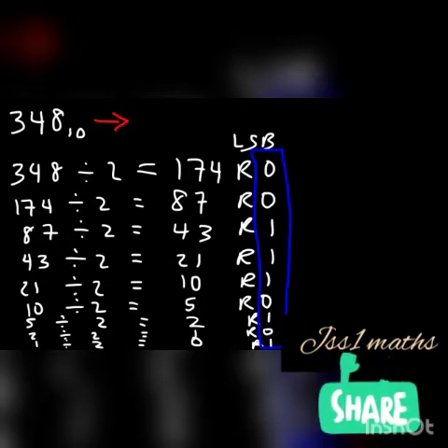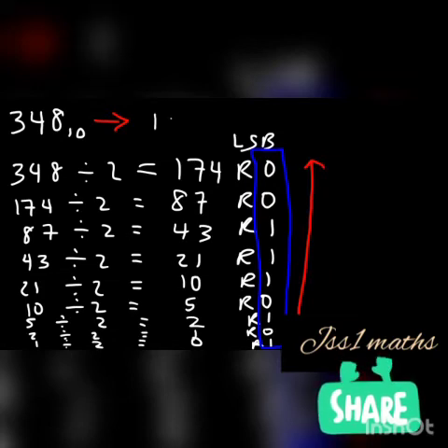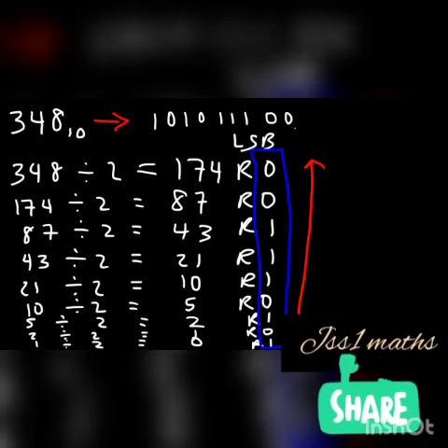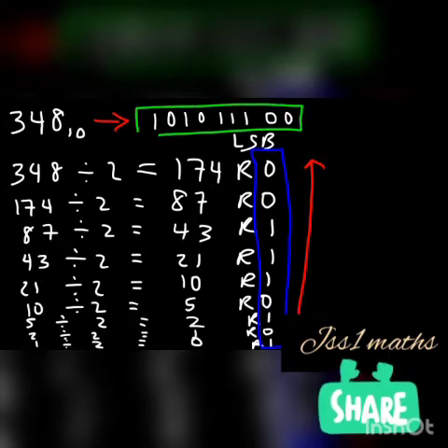So you need to read it from the bottom to the top. So the answer is 1, 0, 1, 0, and then 1, 1, 1, 0, 0. So that's how we can convert a decimal number into a binary number using successive division.